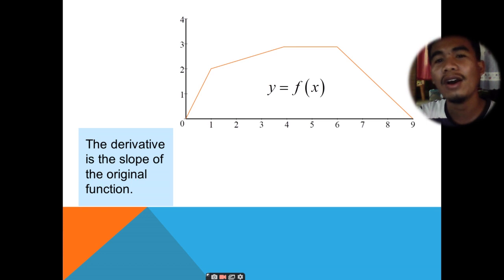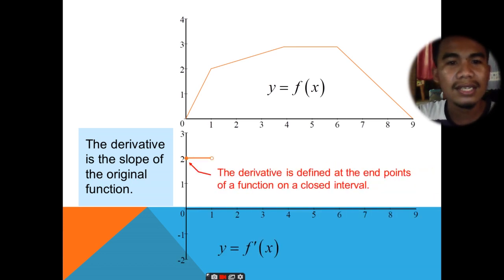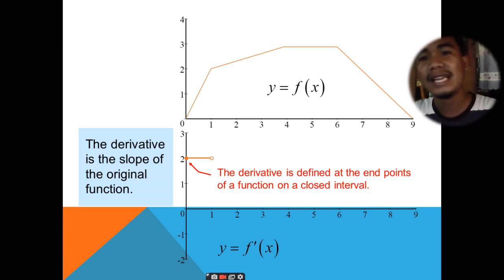So if y equals f of x, that is the slope of the original function. The derivative is also defined at the endpoints of a function on a closed interval. That's what we call the endpoints of the function.